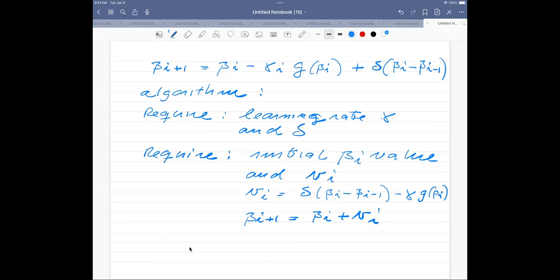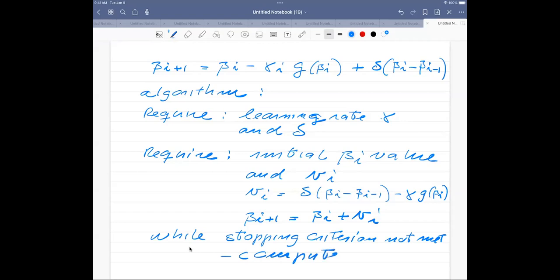Then when we want to set up the algorithm and want to run the calculations, we would have a while stopping criterion not met. And then first thing, I would compute the gradient.